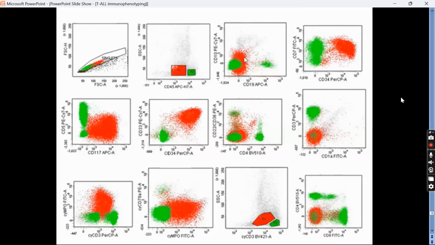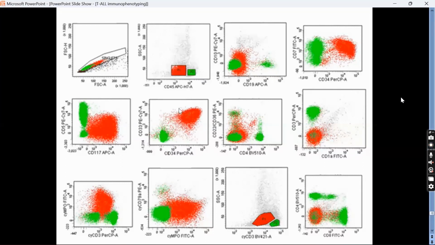Okay, now you see this case is another case where you find a blast population which is CD19 negative, almost negative. It is expressing CD7, but the expression is variable. It is CD34 positive, but you see CD7 is somewhat dim to moderate, or it is variable. CD117 is positive in the predominant blast, so it is a CD34, CD117 positive blast with some dim or variable CD7.